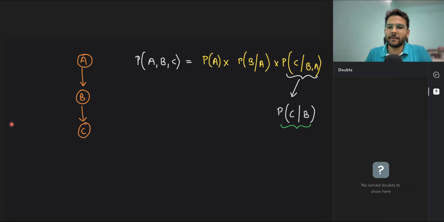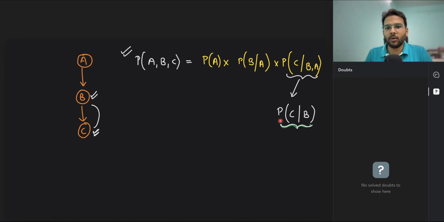What this property says is that the next state you are talking about, the probability of that state, depends on the current state, not on the states previous to the current state. This is the Markov property, which we also use in Bayesian networks. So instead of writing probability of C given B and A, we can simply write probability of C given B. Are you getting this point?